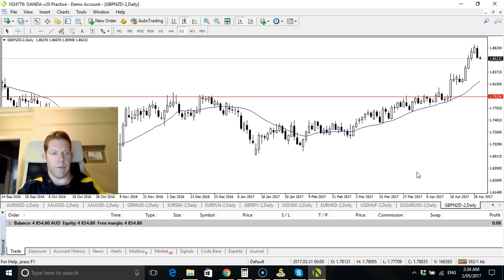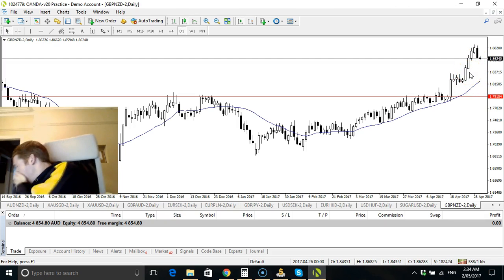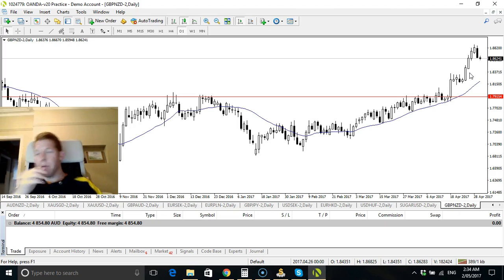That's just my belief with trading. That's how I do it. As you can see, this is pretty sweet, and it's gone through some resistance. It has got quite far from the 20-day moving average, so that would suggest to me that it's quite overbought. So we can see a retrace here now.